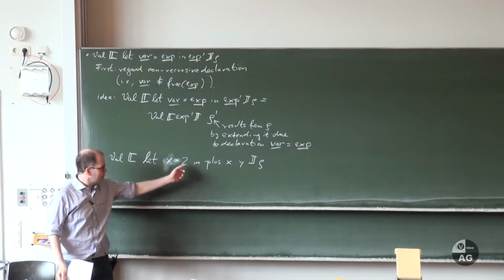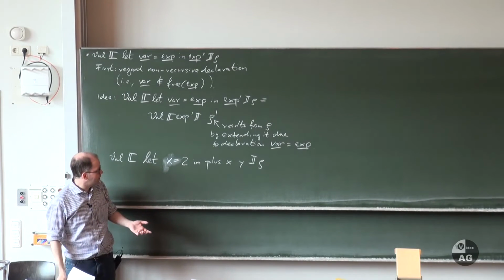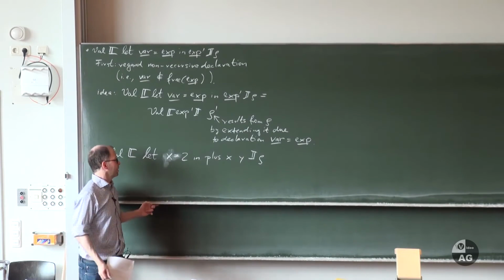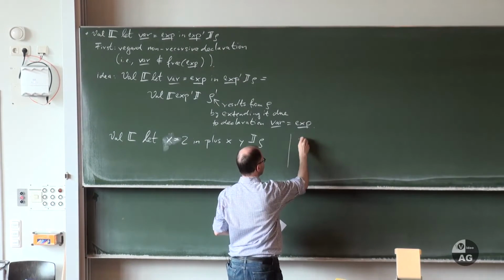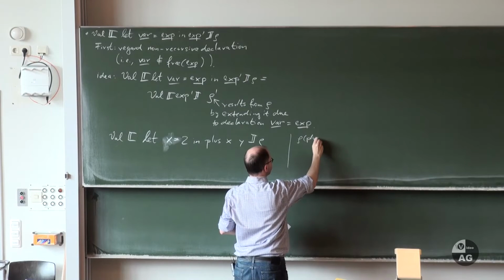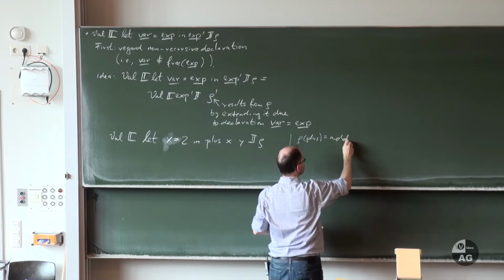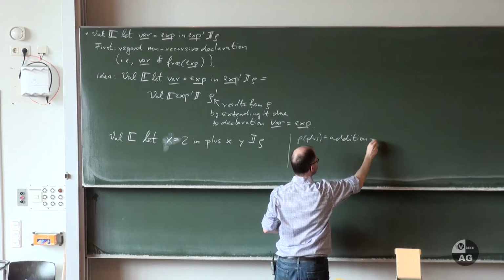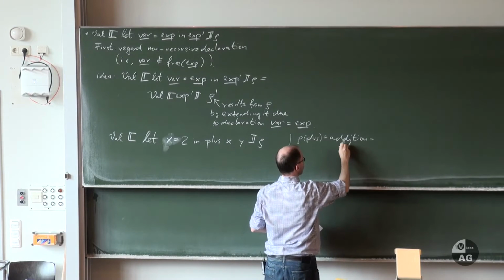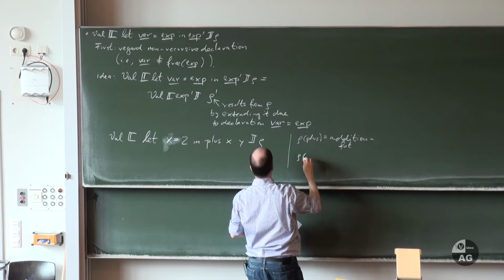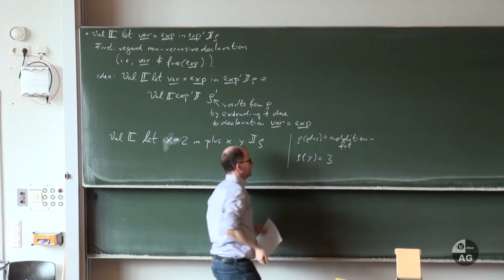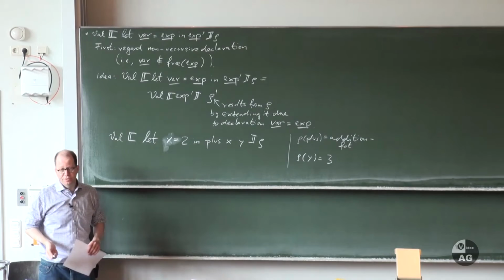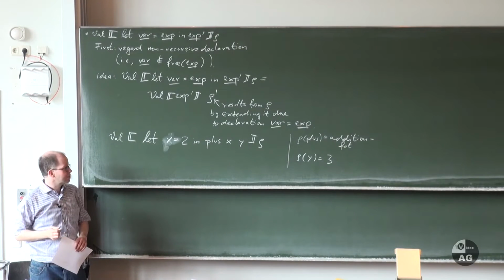And, well, what are the free variables here? The free variables are plus and y. So rho of plus is the addition function. And let's say rho of y is 3. And rho of x is undefined, or it doesn't really matter what rho of x is.